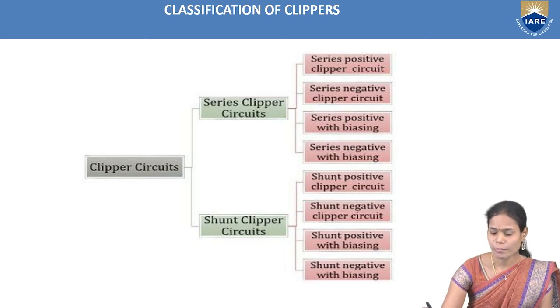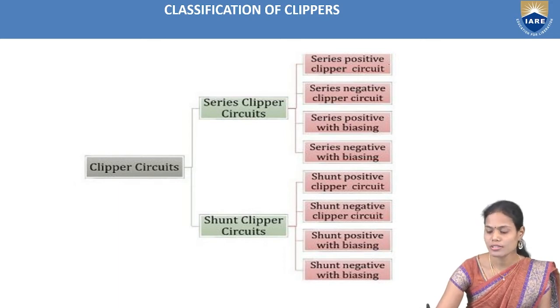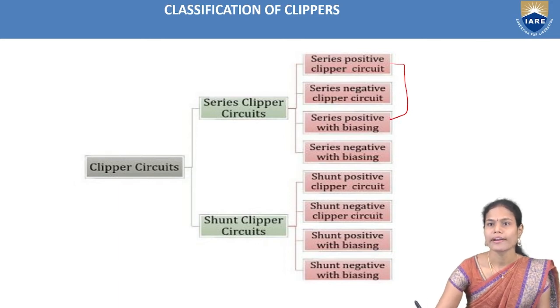In the positive clippers, we have the series positive clipper circuit, the series positive clipper with positive biasing, and the series positive clipper with negative biasing. Similarly, in the case of the series negative clipper circuit, we also have the series negative clipper with positive bias as well as the series negative clipper with negative bias.